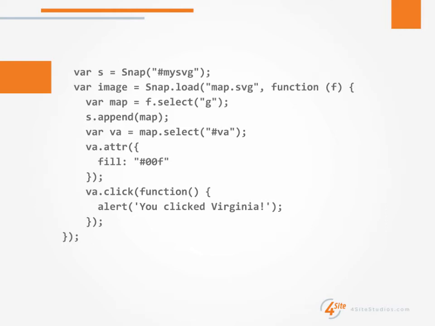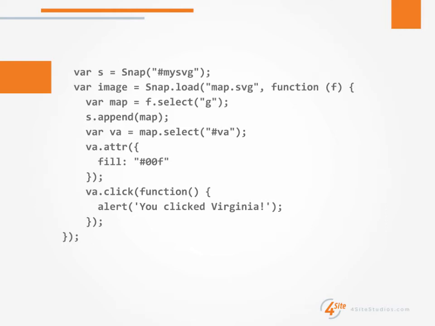And now, the elements within that group. One of the nice things about SVGs is they can have classes and IDs, and you can target them with CSS. So I know in this map that all of the states and territories have IDs that match their postal code abbreviations.